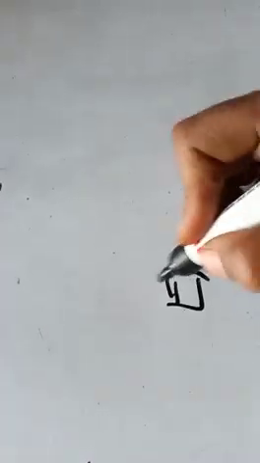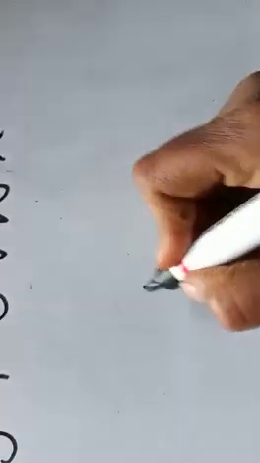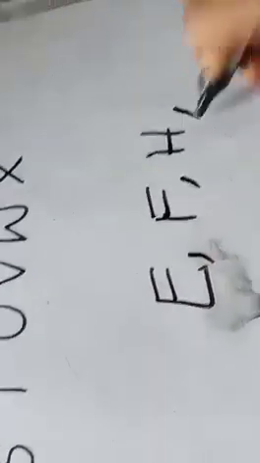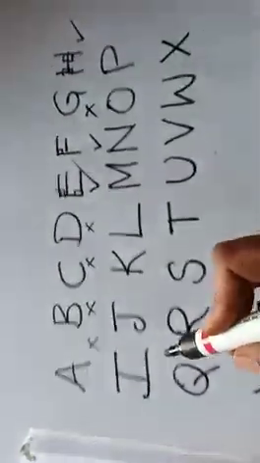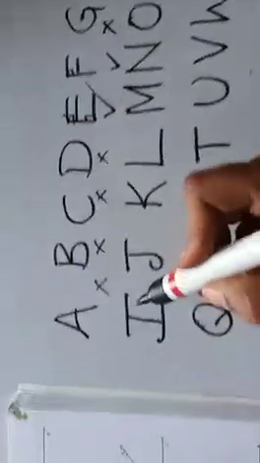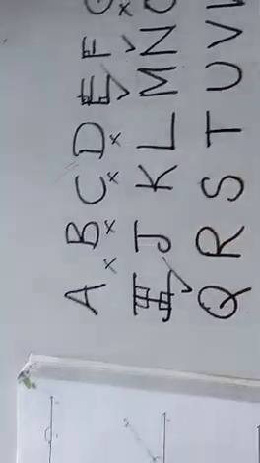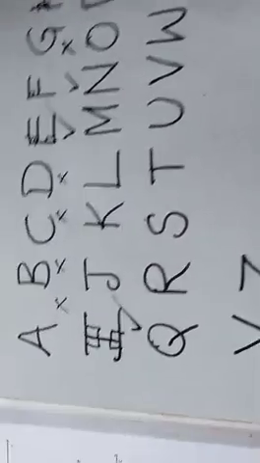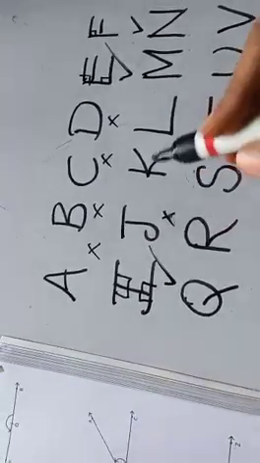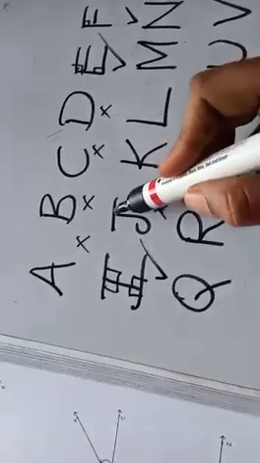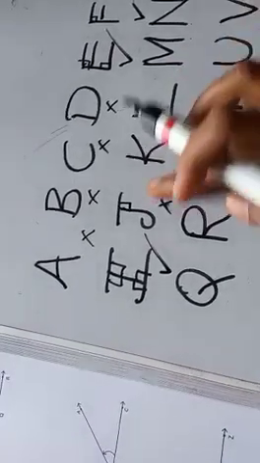So what do you get here? E, F, H in the first row. Next I, yes. How? Here 90, here 90, here 90, here 90. So I, yes. Next J, no. Here, yes.